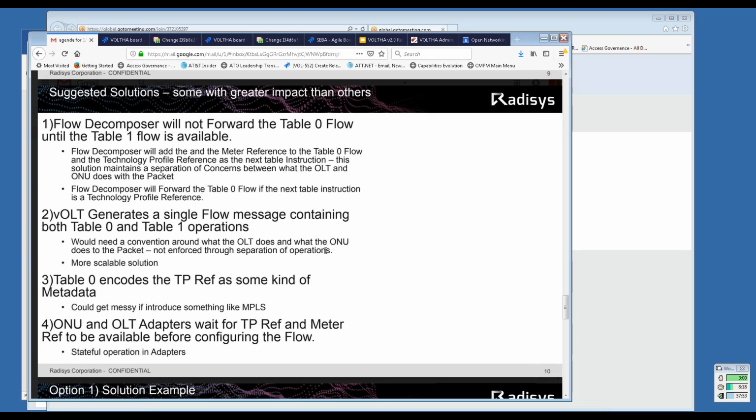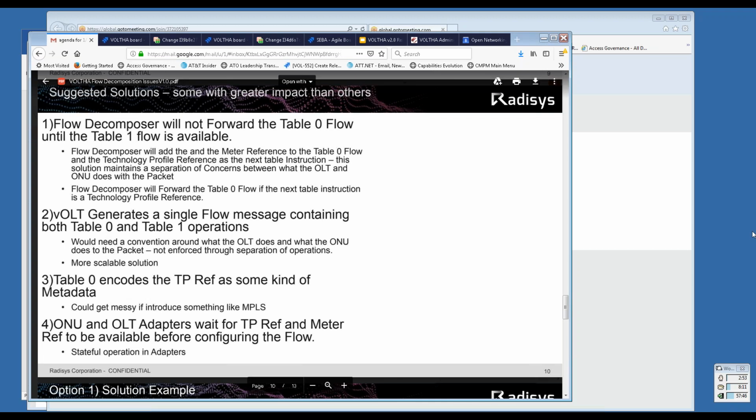Oh, okay. Oh, I know where you got confused. In ONOS, there are separate layers, right? There is the app layer, and then there is the actual driver that sends out the OpenFlow messages. And what the gentleman was talking about was that the app still sends one flow, but then it gets split out into two in the driver.